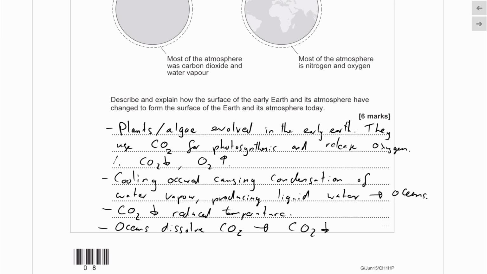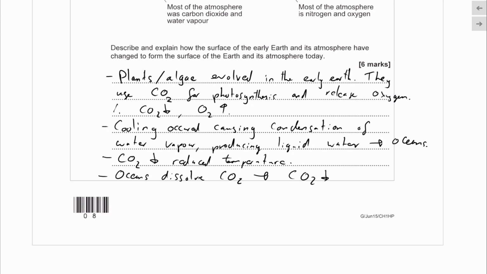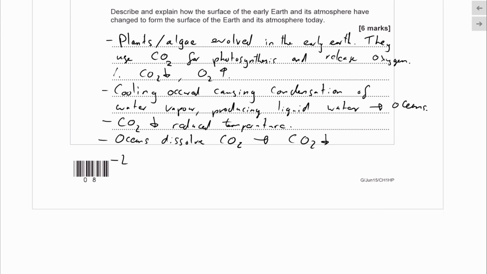All right, now, what else happened? Well, Earth cooling. I'm just wary that my handwriting has been shocking so far, so I'll try and improve that. So the Earth cooling caused volcanoes to form crust.